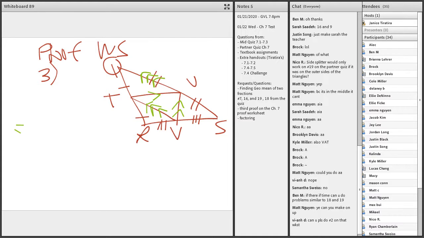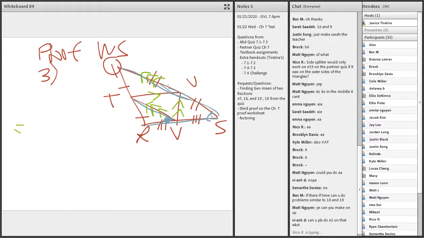Oops, wrong color. So let's see, I have 2 lines that are parallel. So these are parallel. And then I have them cut by a transversal. So here is my transversal. So I can say this angle down here corresponds to this angle.